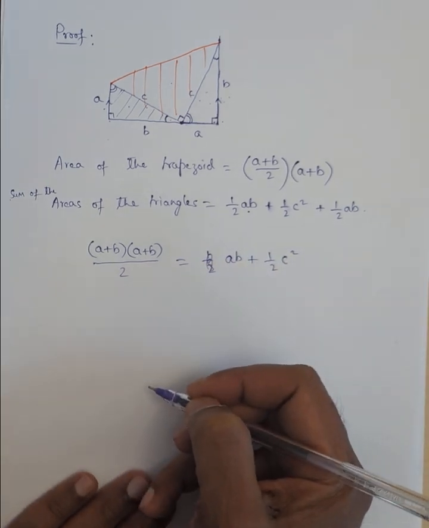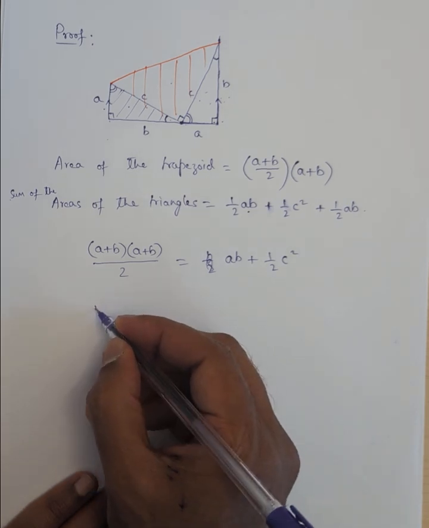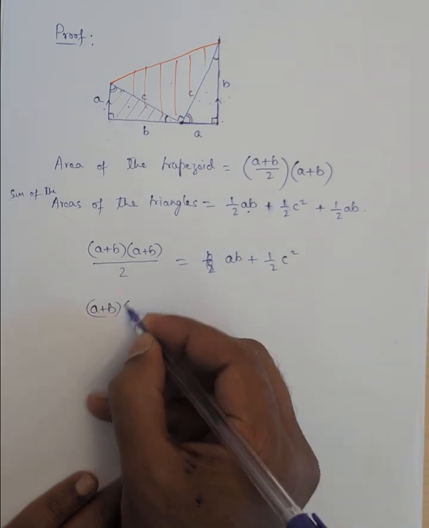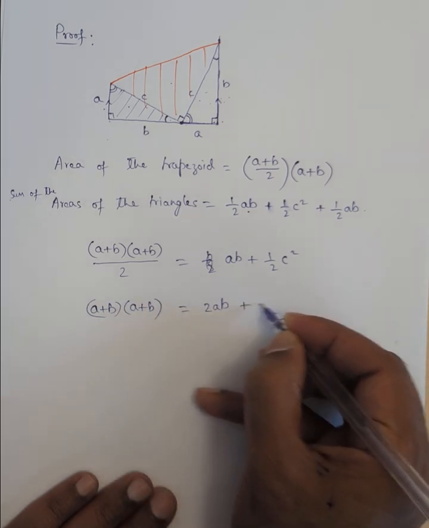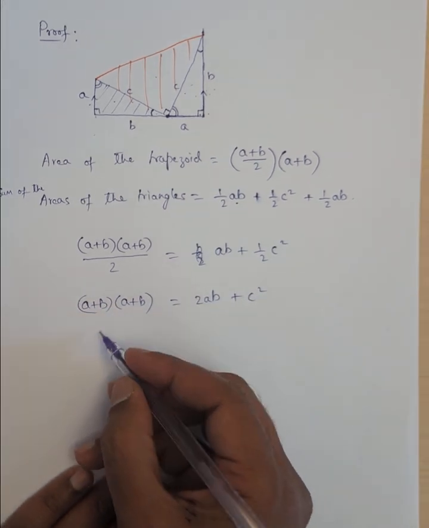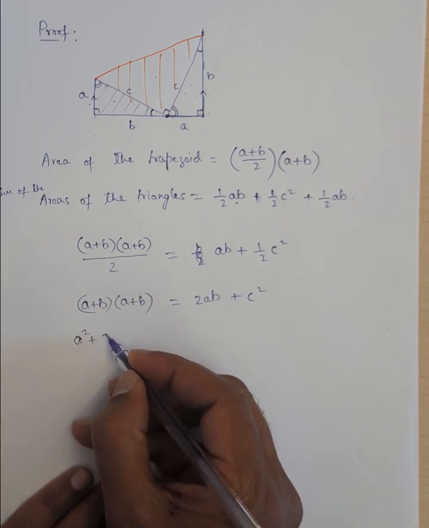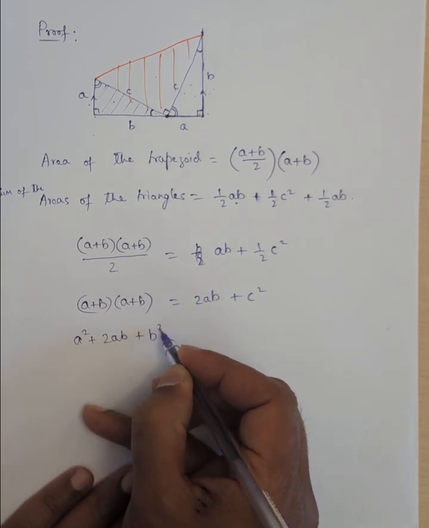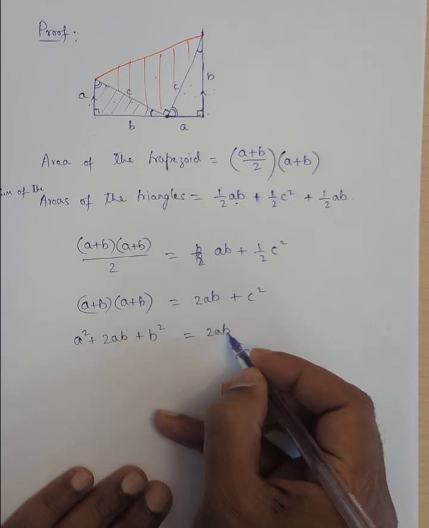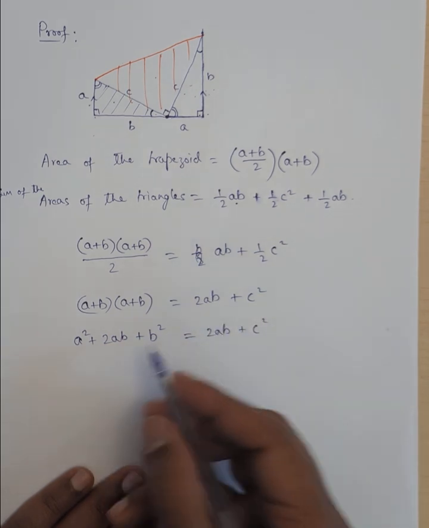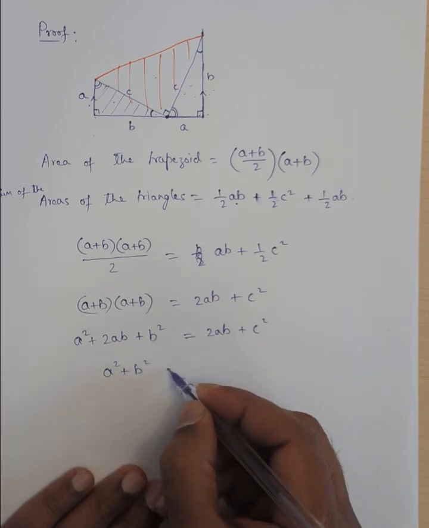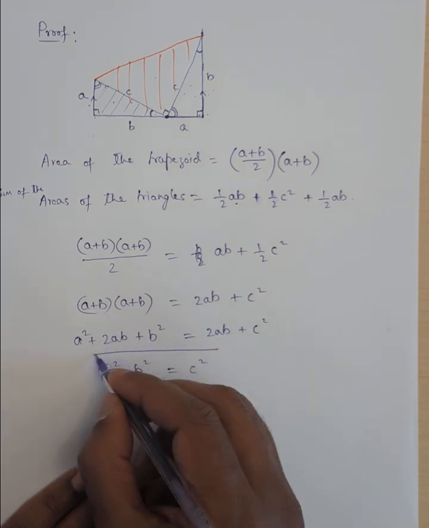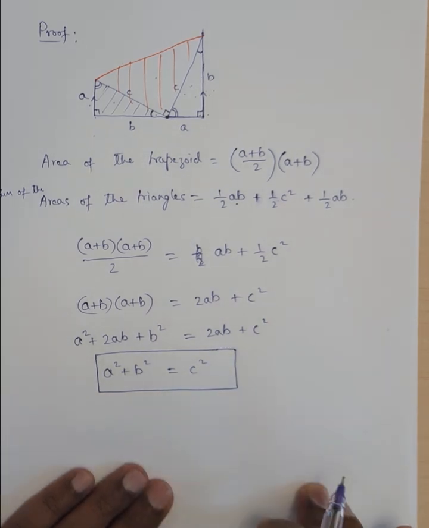Now multiply both sides by 2. You get A plus B times A plus B equal to 2AB plus C square. Now if you expand this, you get A square plus 2AB plus B square, and subtract 2AB from both sides, you get A square plus B square equals C square, which is what we wanted to prove.